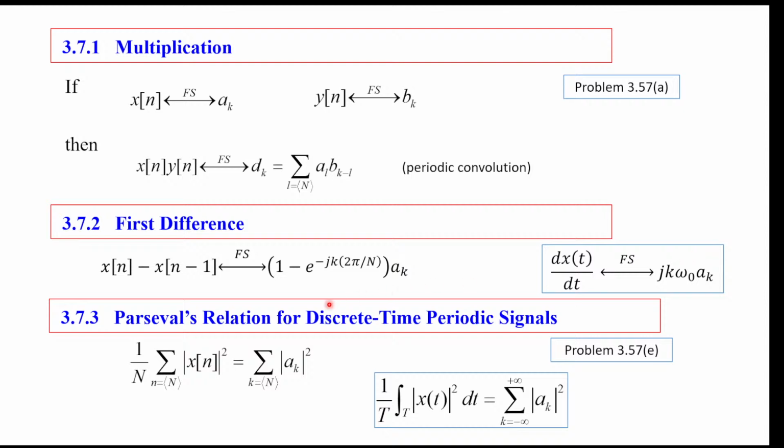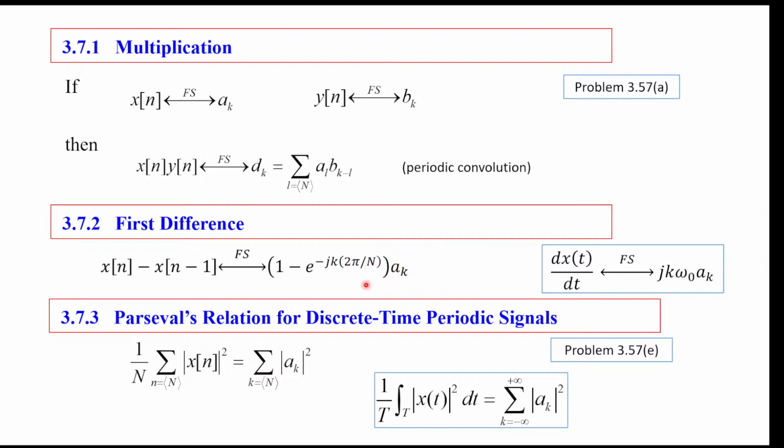Okay? And in the discrete case, we don't have differentiation, and the counterpart is this difference. Okay? And so what happens if you take this first difference of your signal is that you get this much more complicated factor, 1 minus e to the minus jk 2 pi over n, on your ak.